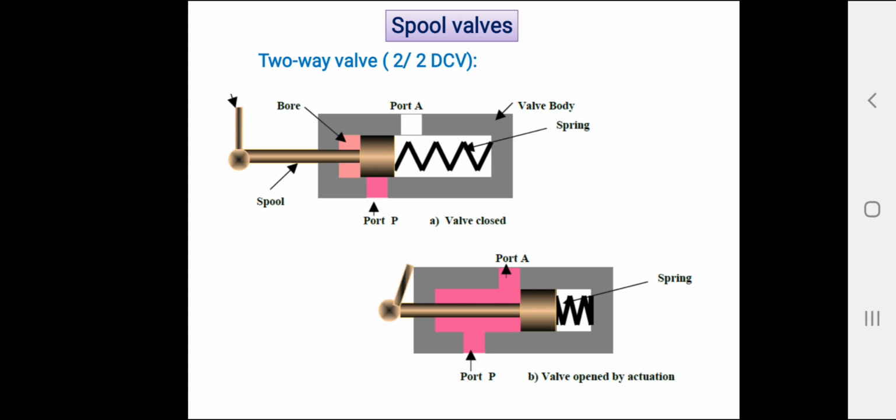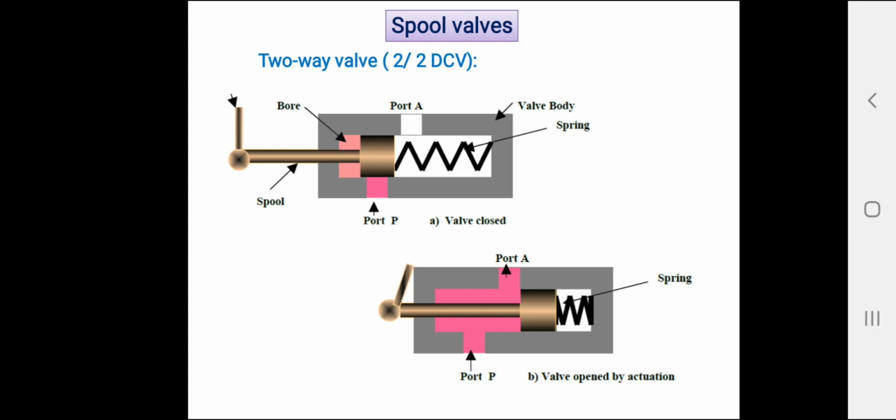In this figure we show the spool type 2x2 DCV manually actuated valve. Here you can see this is a 2x2 DCV manually actuated valve. Port P is blocked by the action of the spring, as the valve is unactuated, that is, absence of hand force.